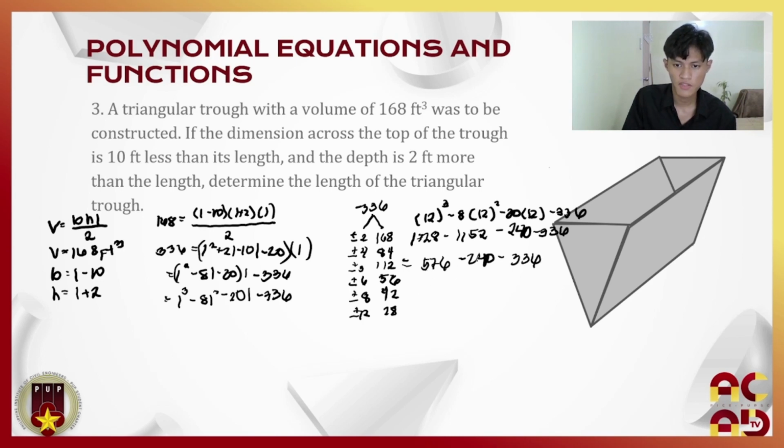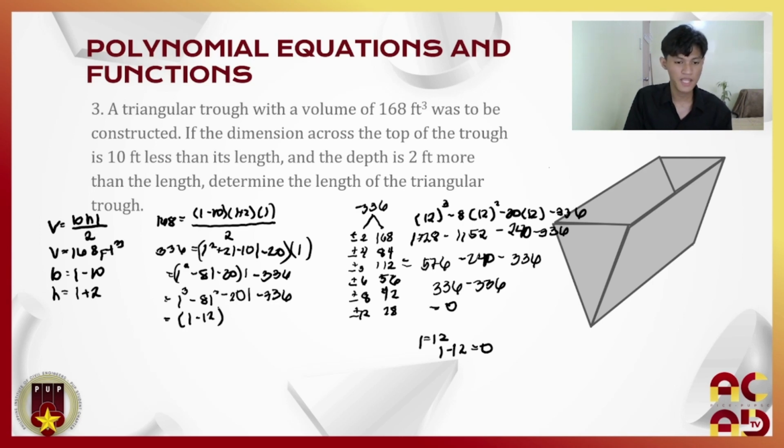So 576 minus 240, we have 336. 336 minus 336. Mag-equate siya sa 0. So we can conclude na ang isa sa mga root ng function na to ay 12. So it can be concluded L is equals to 12. Pa-transpose natin yung 12 para malagay natin siya dito.